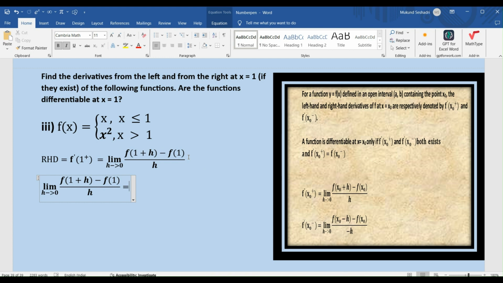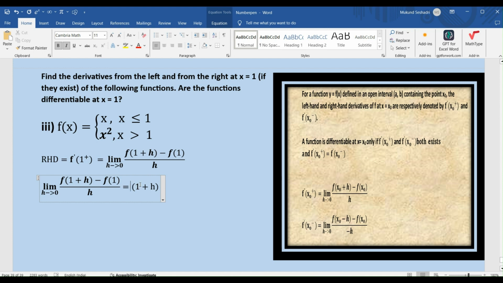So we have that as 1. And for f of 1 plus h, which means that x is greater than 1, right? We've got the function f of x taking the value 1 plus h the whole square, right? Because it will take x square, and therefore we will have to write our expression as 1 plus h the whole square.